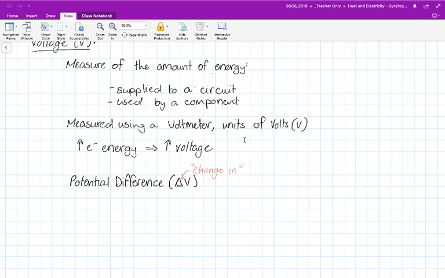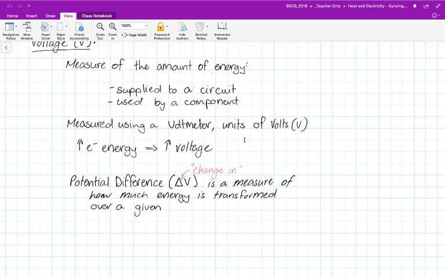So potential difference is a measure of how much energy is transformed, sorry, not consumed, transformed, over a given component or components. So that's your potential difference.